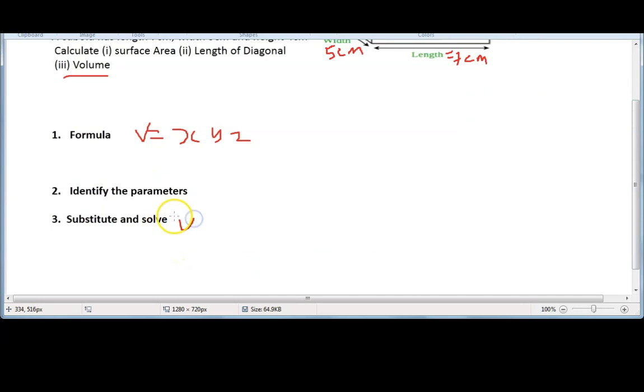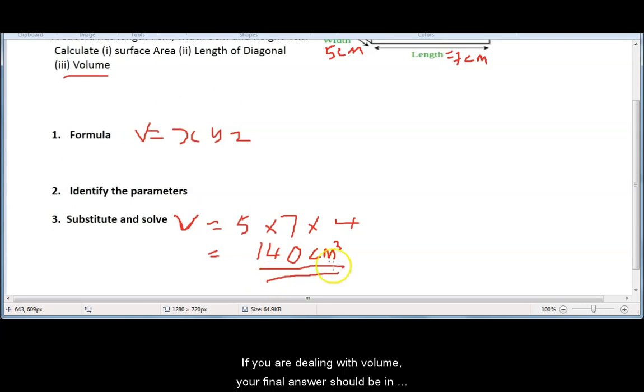V is equals to 5 times 7 times 4. That gives 140 centimeters cube. If you are dealing with volume, your final answer should be in centimeters cube. If you are dealing with area, your final answer should be in centimeter square.